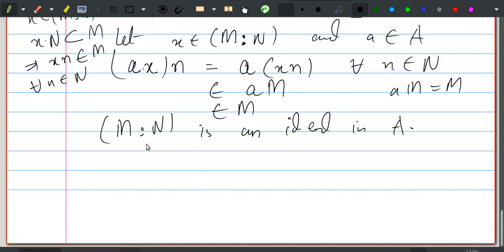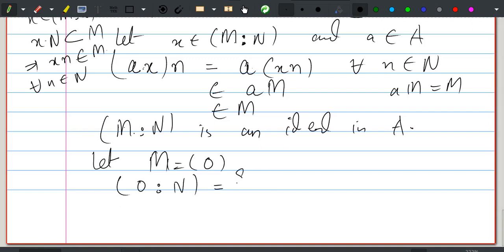Now let us suppose that this module M over here is a zero module. Then if we look at this colon over here, this will be the set of all elements in A such that a times N is contained in 0.